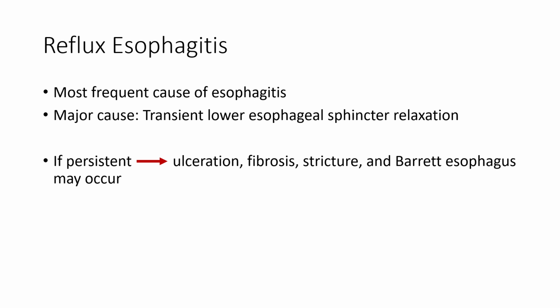And if the esophagitis is persistent, this can lead to ulceration, and it can also cause fibrosis, which is a complication of reflux esophagitis, and fibrosis can lead to a stricture. Barrett esophagus is also another complication of reflux esophagitis. We will discuss Barrett esophagus in the next slides.